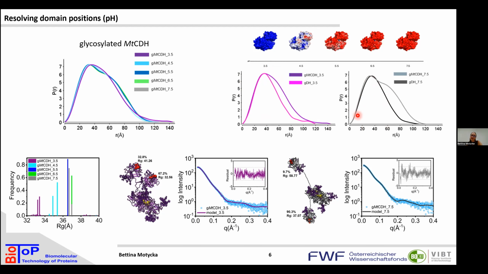And here you can see that the DH domain per se is not influenced by the pH, indicating that the difference in the curves seems to be due to this cytochrome domain mobility. So also with this, we could prove that with this CDH at acidic pH we have a more compact structure, and we see a movement of the cytochrome towards a more open structure at higher pH.